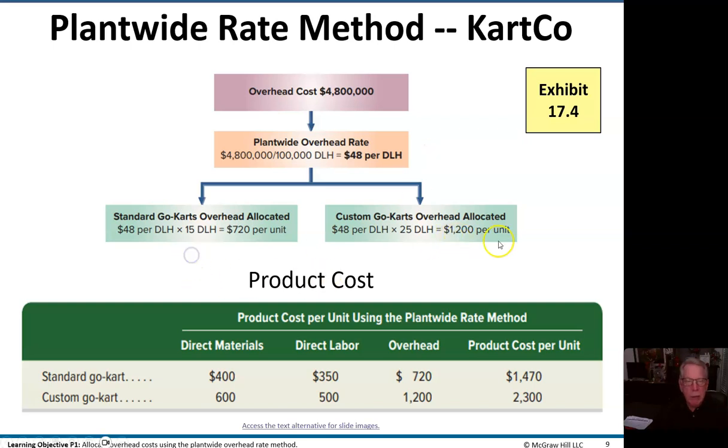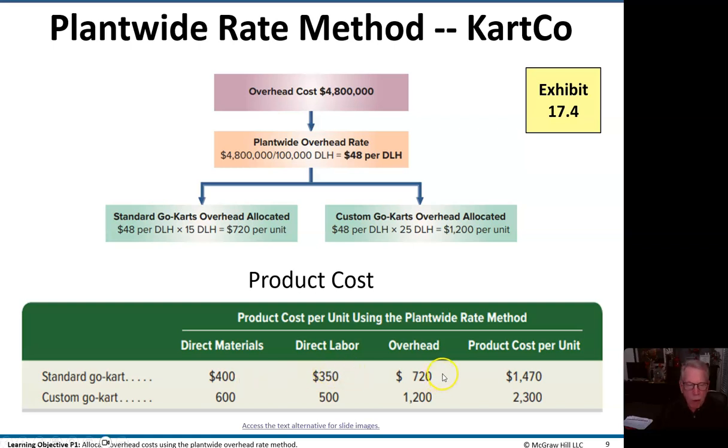We multiply it through, and now we couple that with the other product costs, which are direct materials and direct labor. So the direct materials for the standard go-kart is $400, and the direct labor is $350.